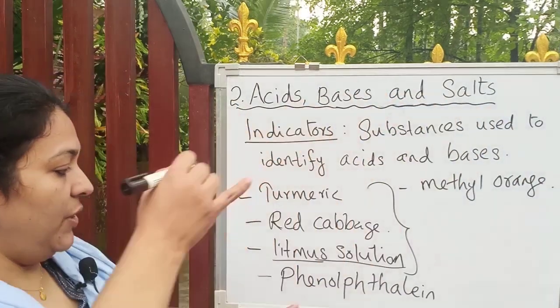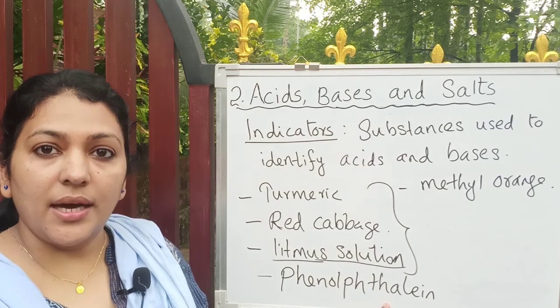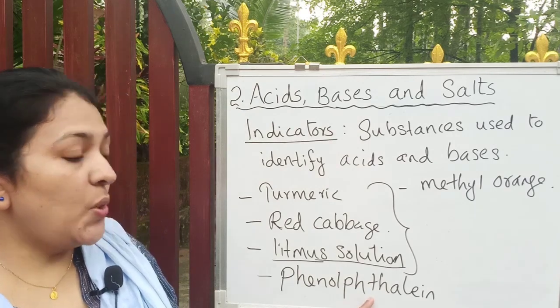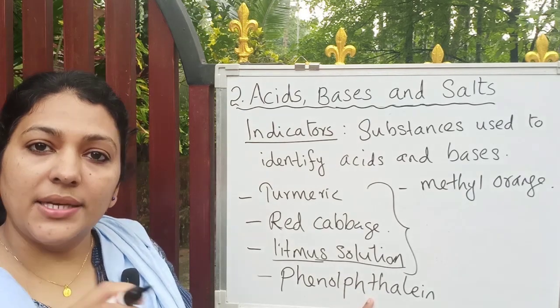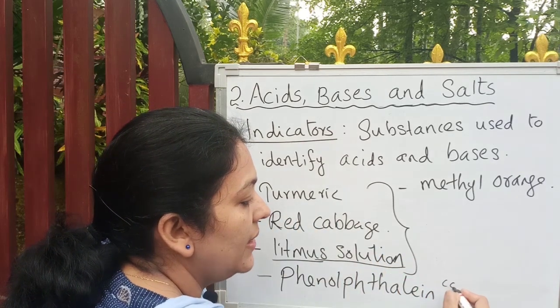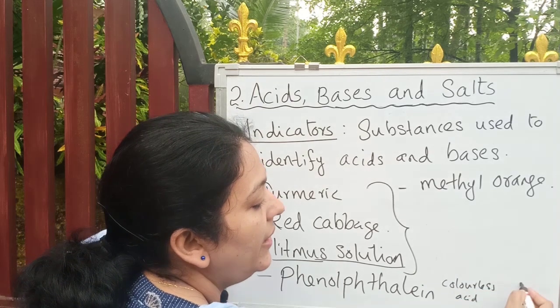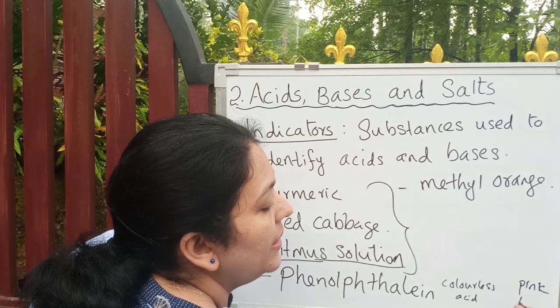Phenolphthalein is a synthetic, artificially made indicator that is colorless or transparent in acid, but it will show pink color in base.